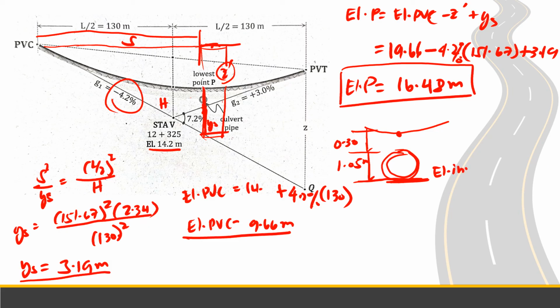This is the elevation of the invert. We know this point is 16.48.